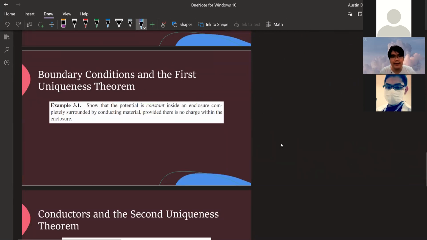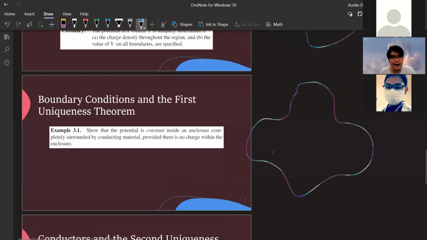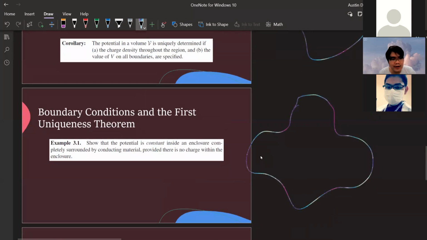So let's say na we have an arbitrary potential again, arbitrary space again, or volume. Okay, so meron tayong ganyan. Then we are told that there is a conducting material, so a conductor surrounding that space. So this is a conductor.